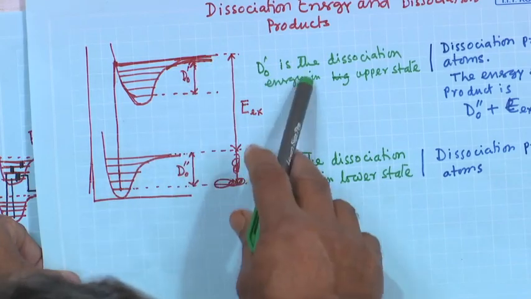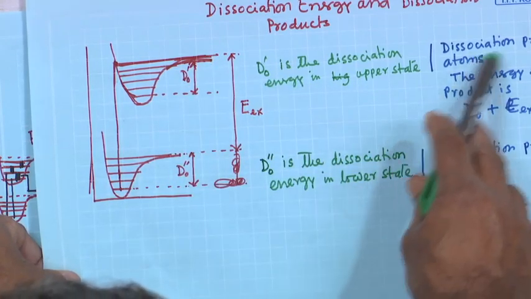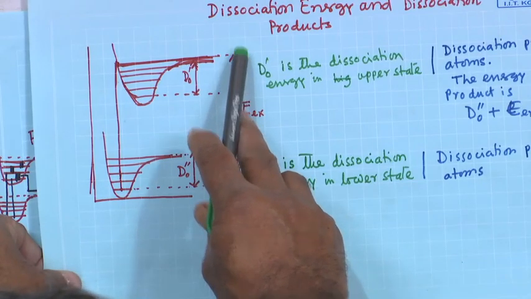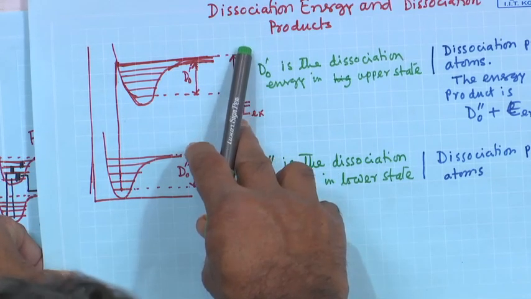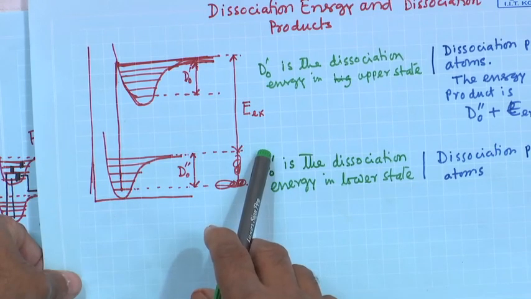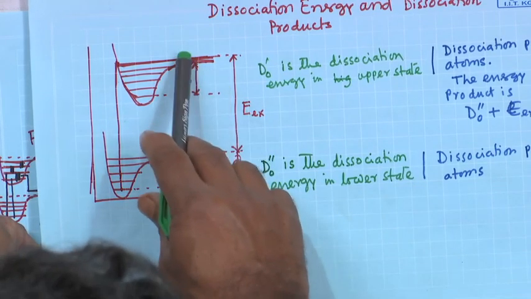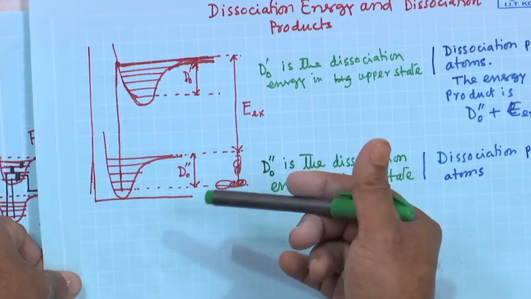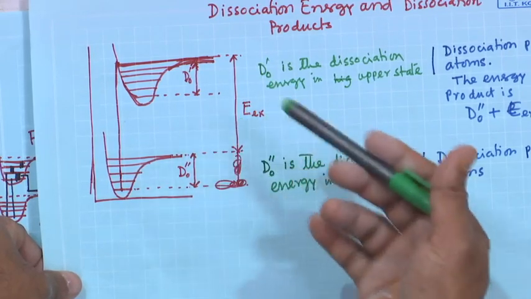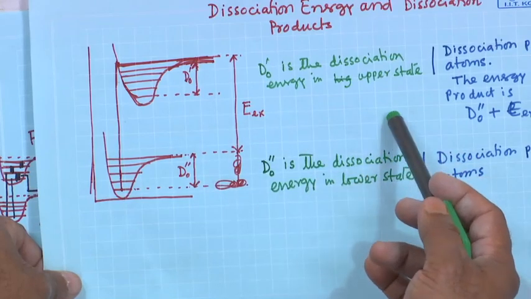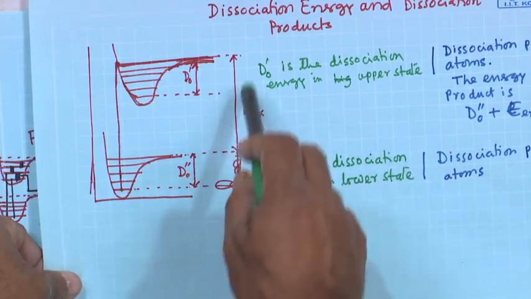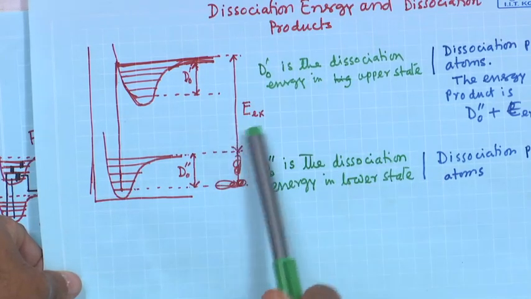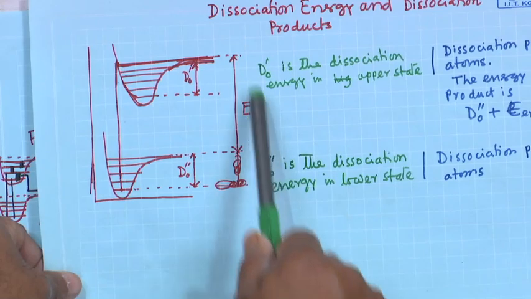The energy difference between the dissociation products in this case and the other case is this E excited.